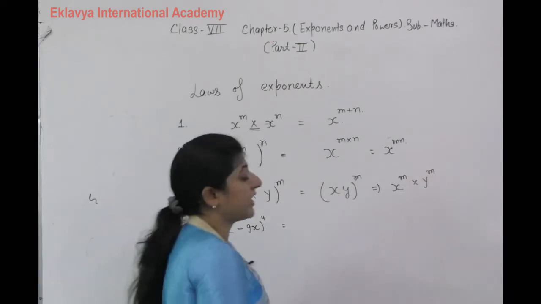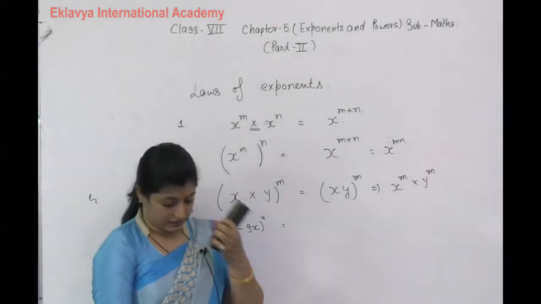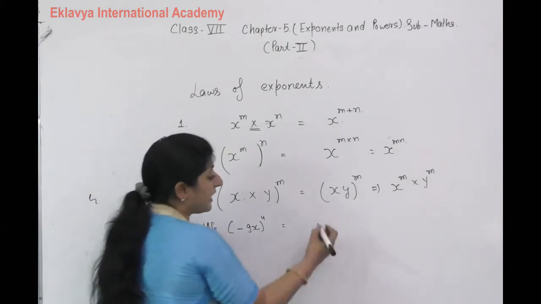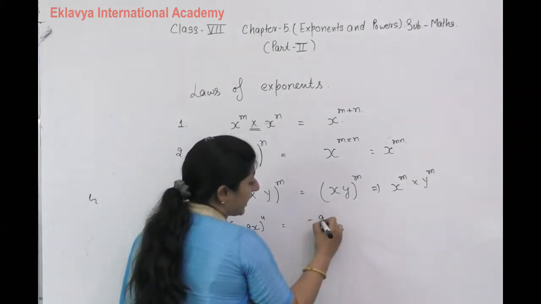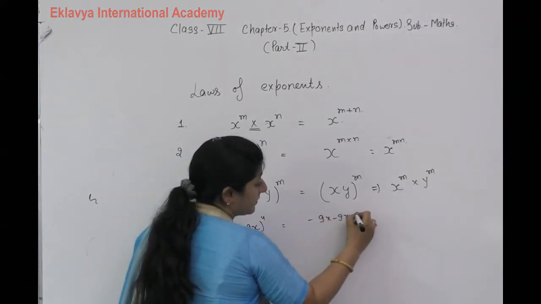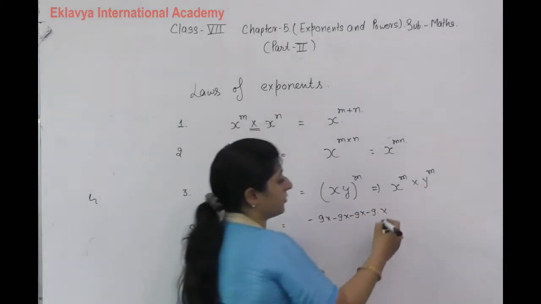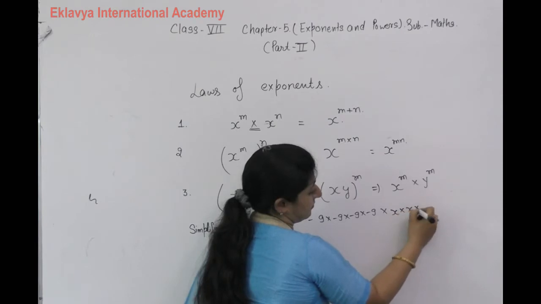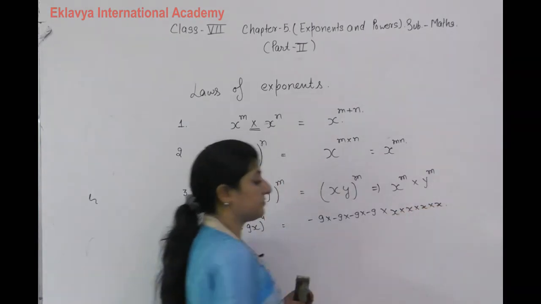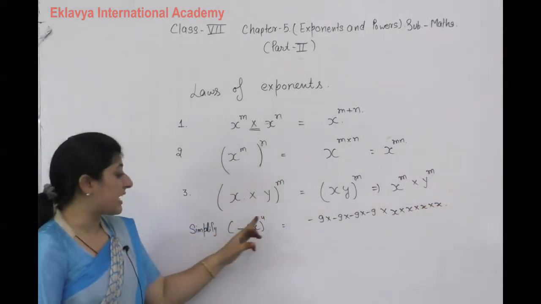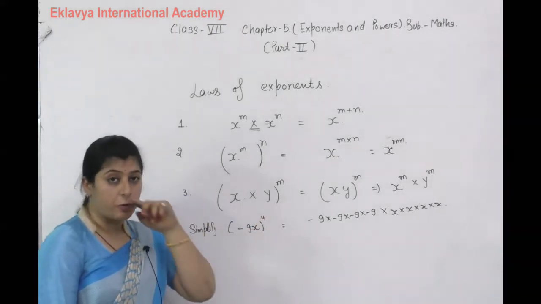Expand it, find the answer or expand it. How to expand? It means minus 9 power 4 and x power 4. Minus 9 power 4 and x power 4 also.